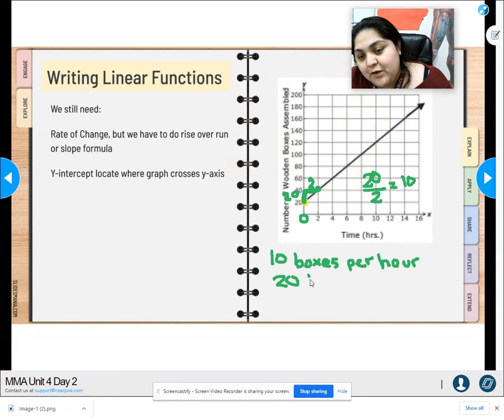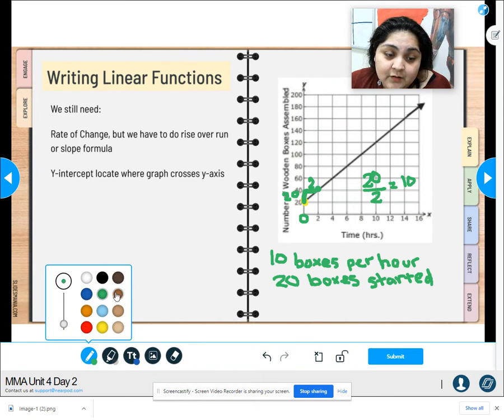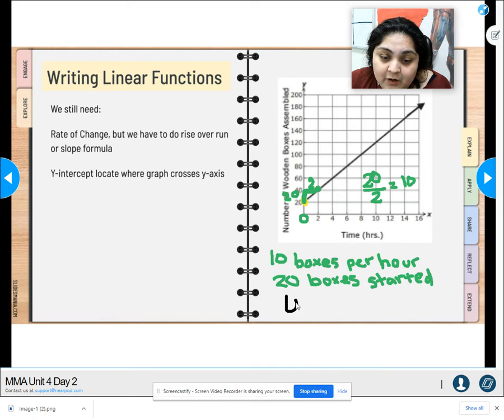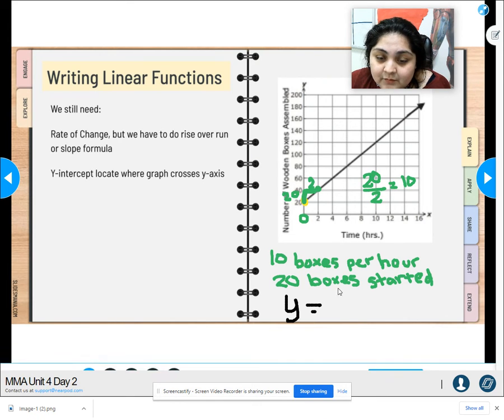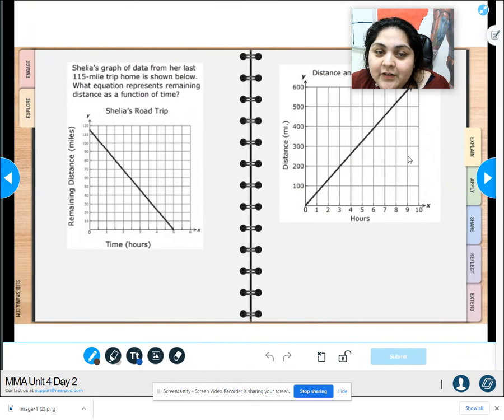So they started with 20 boxes. So that means that the equation is going to be y equals 10x plus 20. Hit submit and go on to the next page.